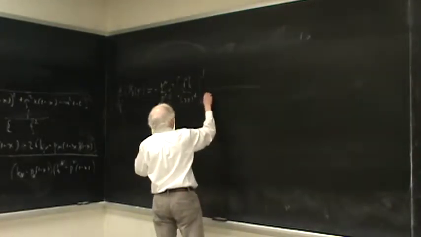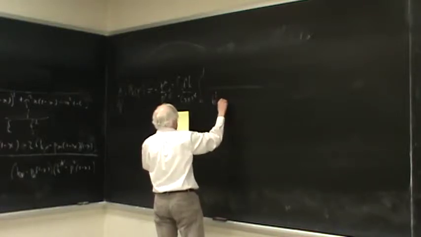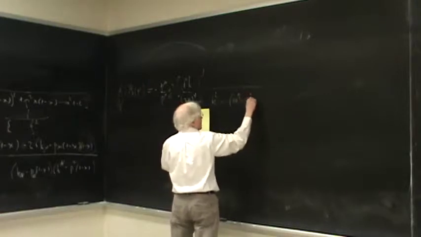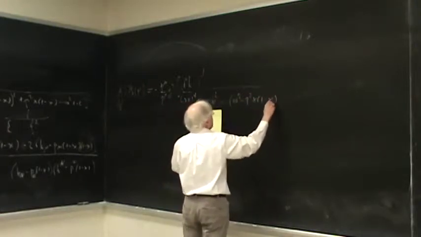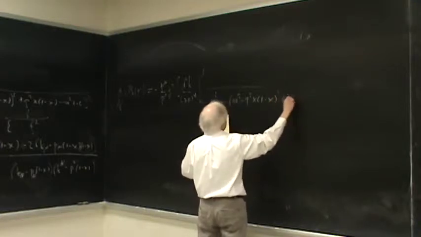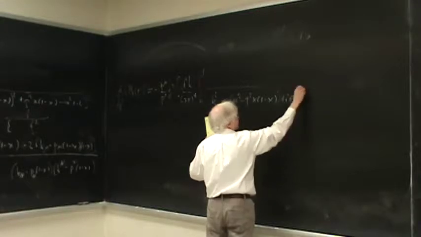And now the denominator turns out to be k squared minus m squared minus p squared x 1 minus x, plus I epsilon, and now it's cubed.